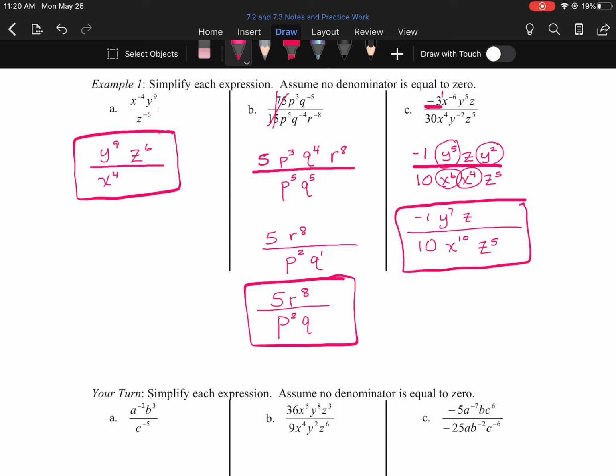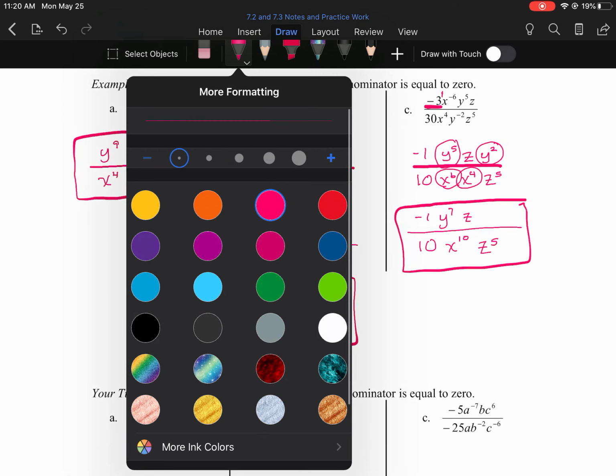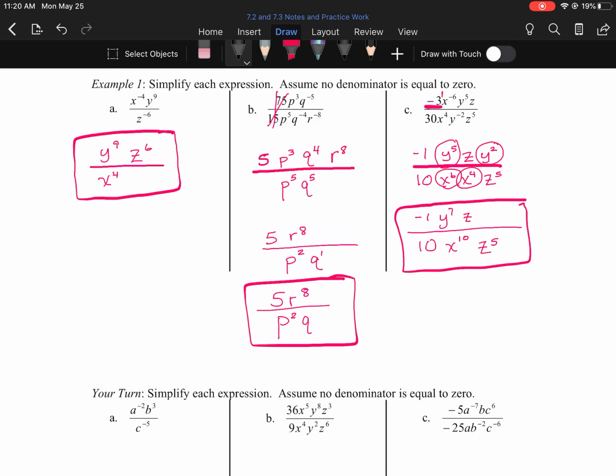So what I'm going to do is do it the other way now. Let me get a different color for this. So now I'm going to do it how the rules say, to subtract the exponents. So I'm still going to have my negative 1/10. And I'm sort of going to put all of these off to the side. So then I would get x to the negative 6th minus 4.